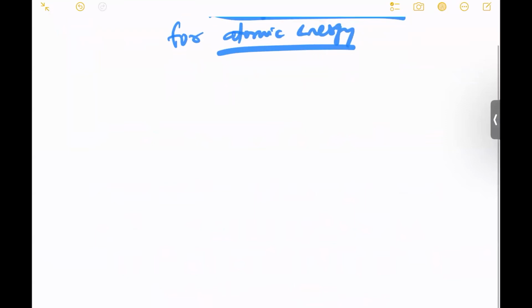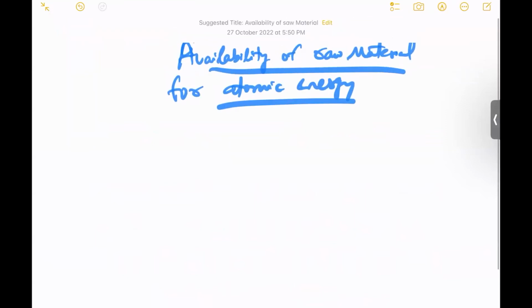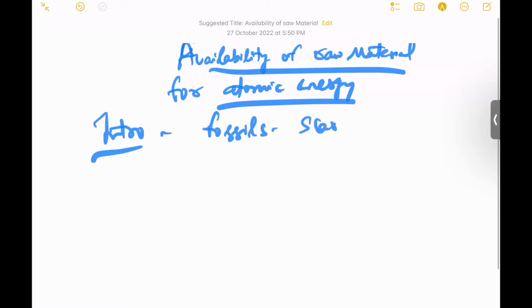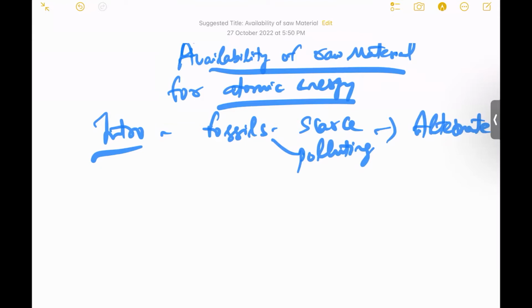Here in the introduction, you talk about fossil fuels. They are not only getting scarce but also polluting, and then you find the need for alternative fuels, which nuclear is as of now promising. Nuclear or atomic is same, don't get confused.